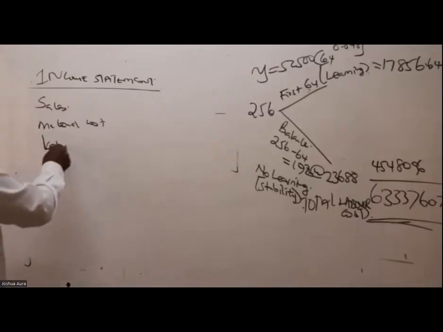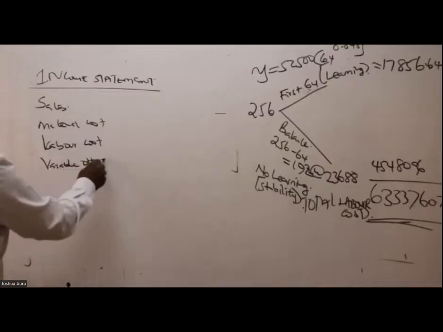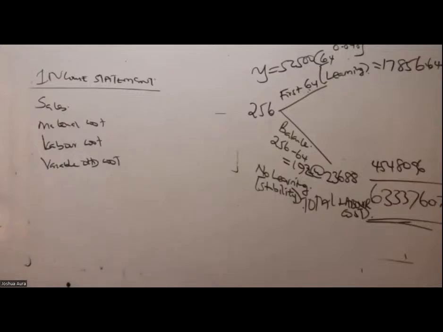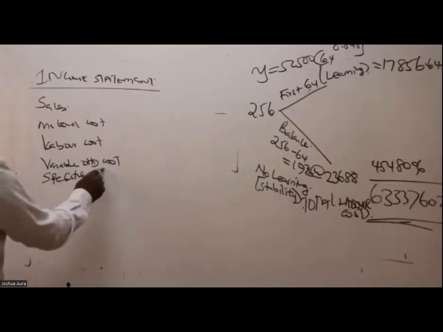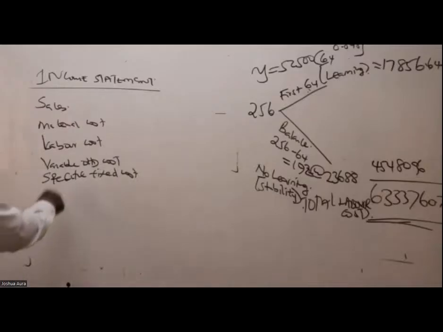After labor cost, we have variable overhead cost. After that, we have a specific fixed cost, and then of course you should be able now to give us a net profit.